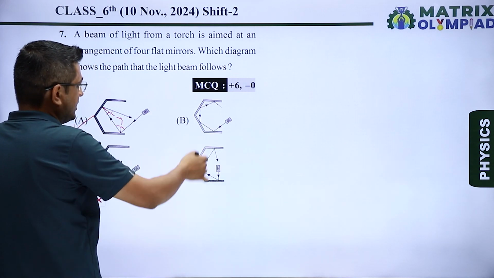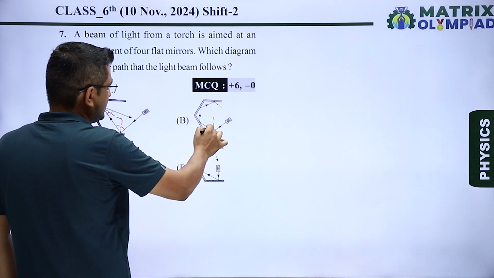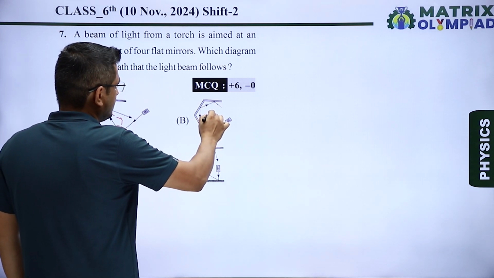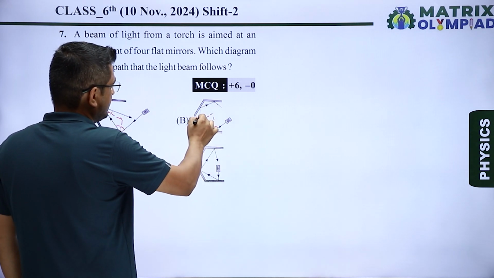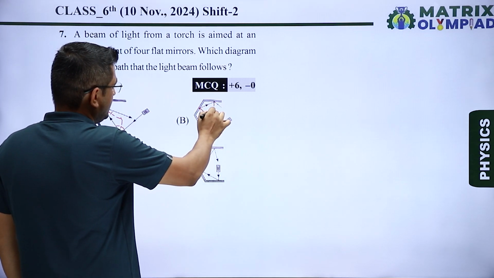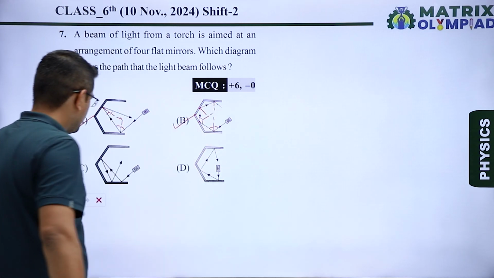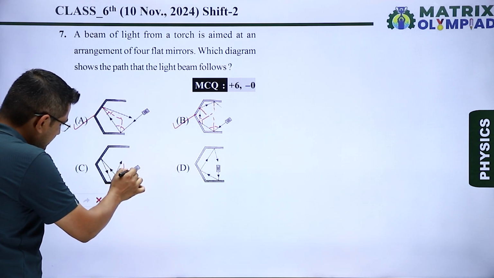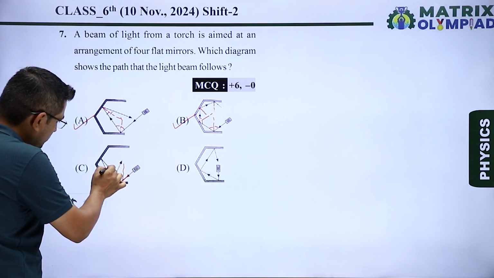Let us check the next. Drawing a normal, this angle should be equal, so it seems to be equal. Then this angle will also be equal. Similarly, drawing a normal here, light will go here. So this is also correct. Now see option C. If I draw a normal here, light is coming from here and the reflected ray is shown by this ray.